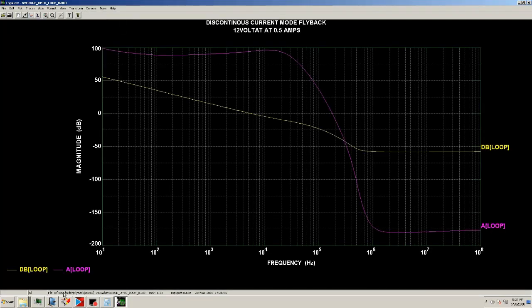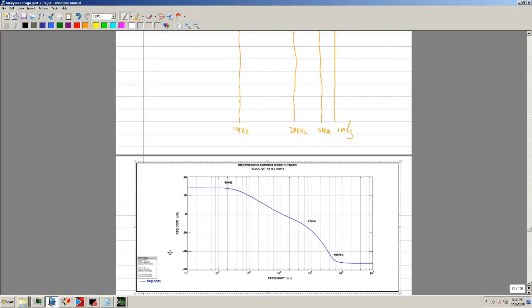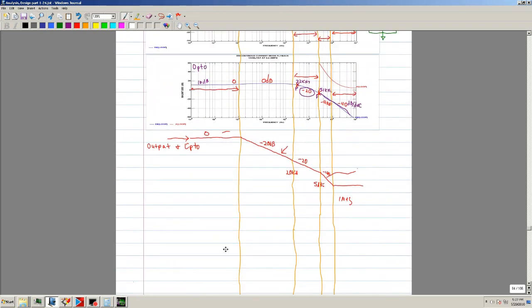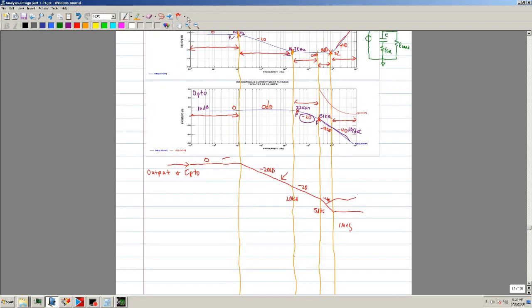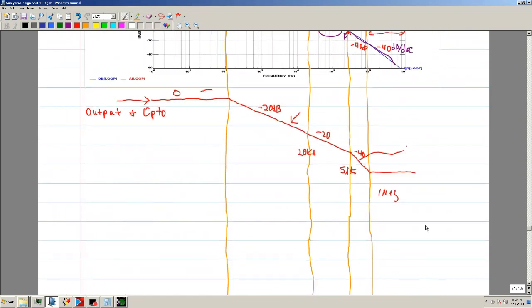Okay, so now we're going to do a little bit of hand waving, and I'm going to follow what most of the power supply community says. Since we already calculated, or at least through the simulation, that this is 436 hertz, this is the pole.